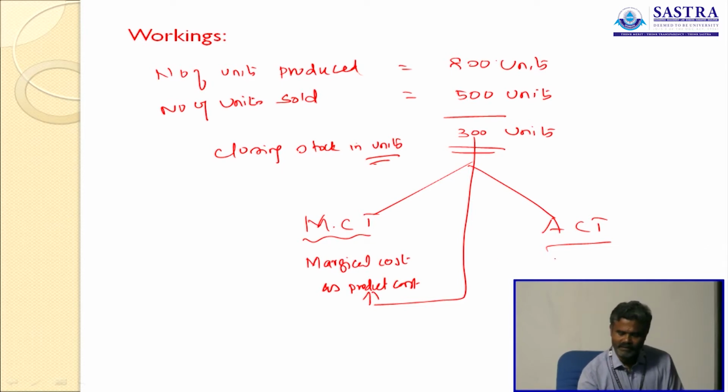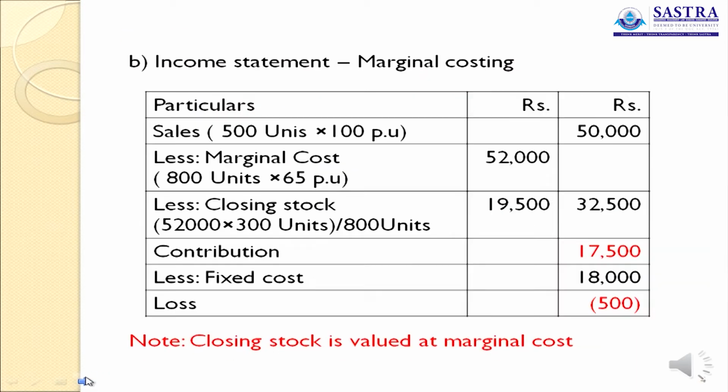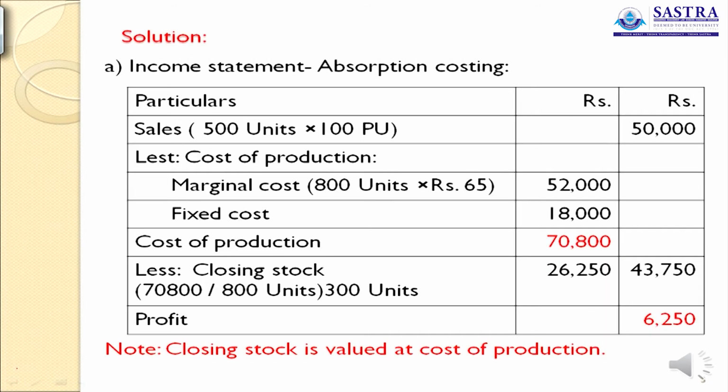In absorption costing, we consider marginal cost plus fixed cost as a product cost. So we calculate the value of 300 units based on cost of production, that is, fixed cost plus marginal cost. So this technique we are going to apply and prepare an income statement.